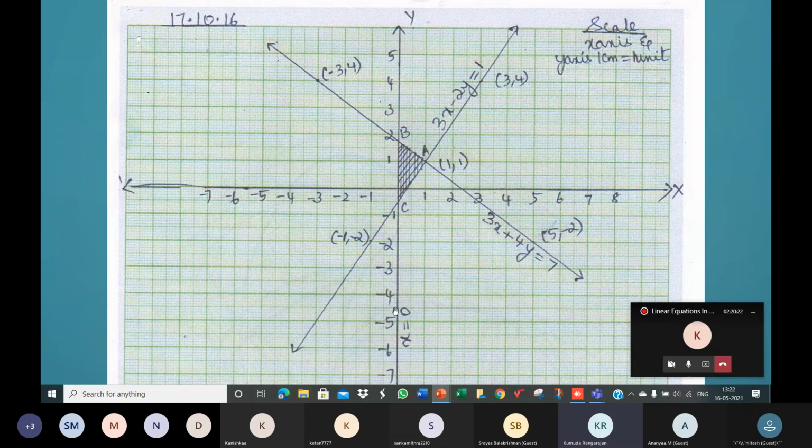And then the other line is x is equal to 0, which is the y-axis itself. On the line we have mentioned the corresponding equation. You can see the equation here, x is equal to 0. And for every point we plotted, we have mentioned the address, 5, -2, 1, 1, whatever is the address.